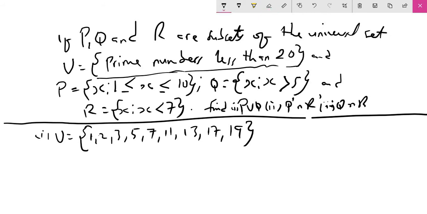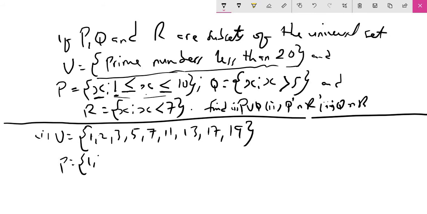So now we have to find P union Q. And P is all values of x such that x is greater than or equal to 1, but less than or equal to 10. So greater than or equal to means it includes 1. So P is all values of x from 1 inclusive to 10 inclusive. But remember, the universal set contains only primes, so this will also contain just primes.